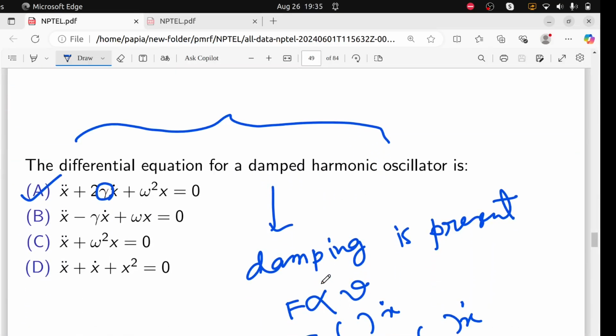This is very straightforward because I have already explained these things so many times, that what will be the differential equation for a damped harmonic oscillator.